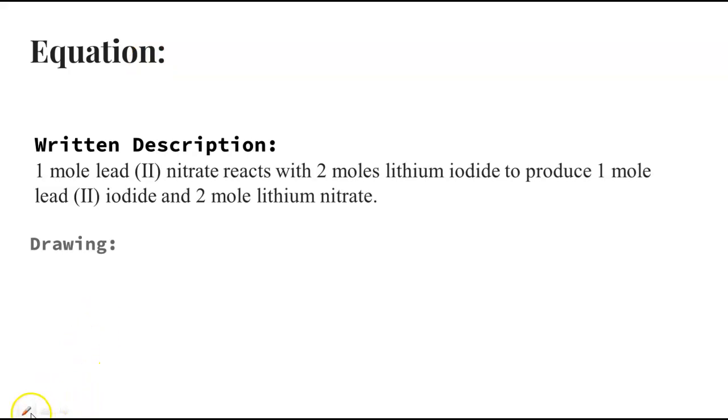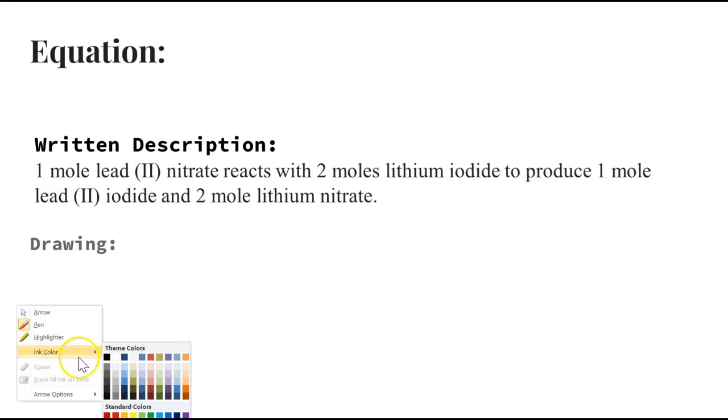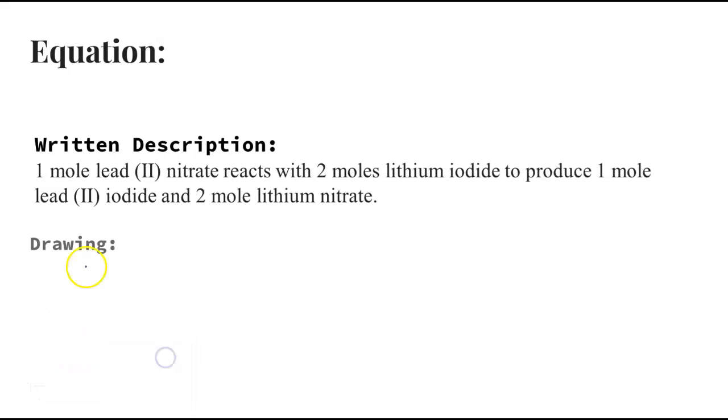Before we write the equation, we need to make certain we know what these chemical formulas are. So let's start with each one individually. Let's do lead(II) nitrate. For lead(II) nitrate, I have lead, which is Pb.